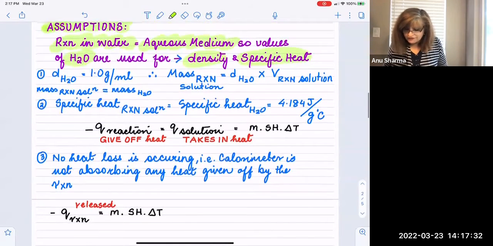So you have the mass of the reaction coming from the density, and then you're also going to use the specific heat of water in this reaction. The specific heat of water is 4.184 joules per gram degree Celsius.